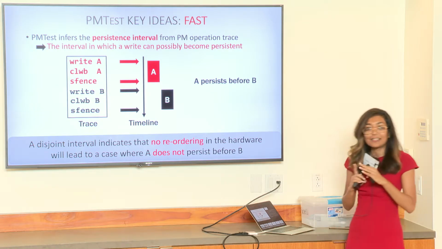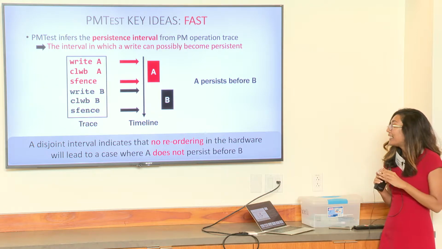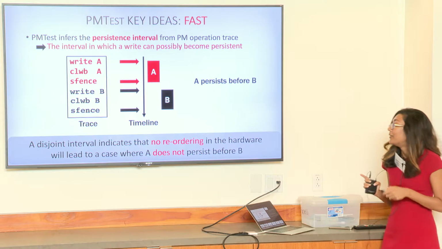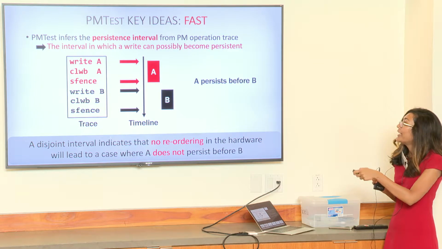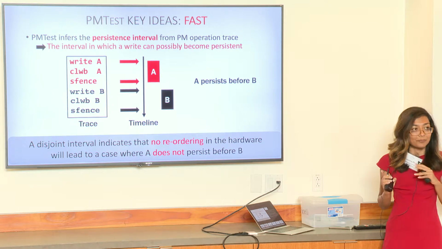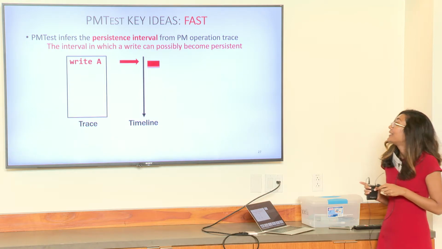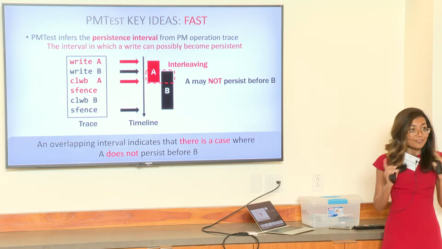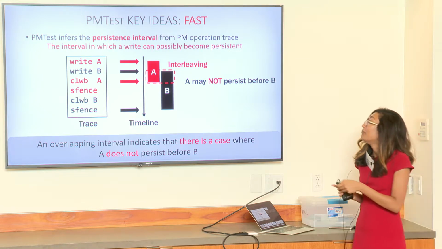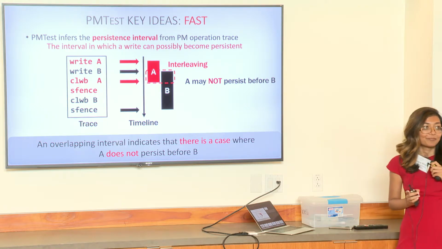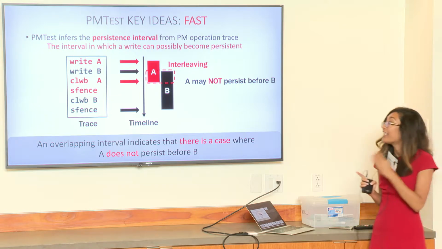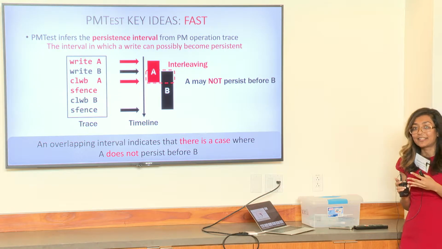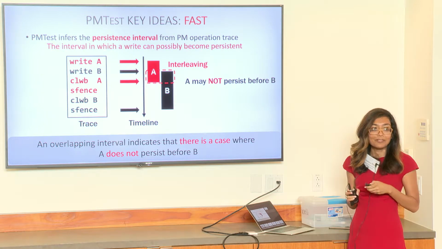If the intervals are disjoint, it means that there is no ordering where A will not persist before B. But if there is any overlap, that means that there is at least one ordering where A may not persist before B. And we use these analyses on persistent intervals to infer when the writes are possibly persisting.